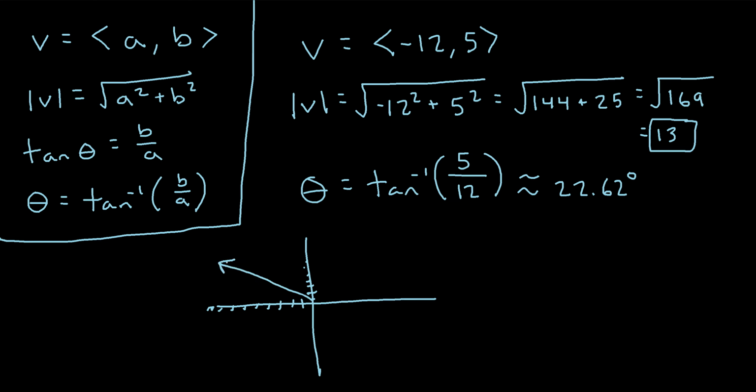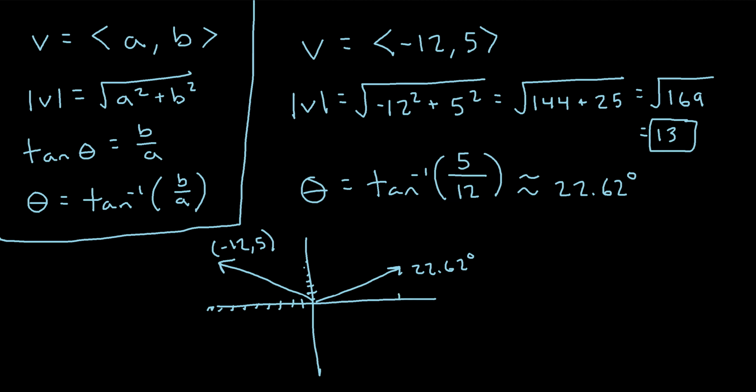This isn't drawn to scale, but just to give us an idea, -12, 5. Now, when we found the inverse tangent of 5/12, we found that that angle is 22.62 degrees. But our vector lands over here in quadrant 2. So really we're trying to find this angle.